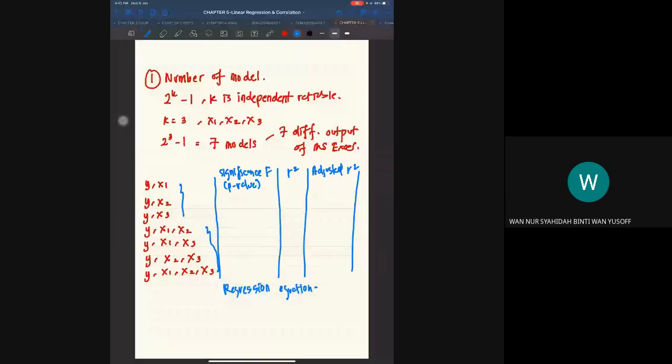After you have this table, we proceed to the model selection. After you have a complete table, then we go to the model selection.